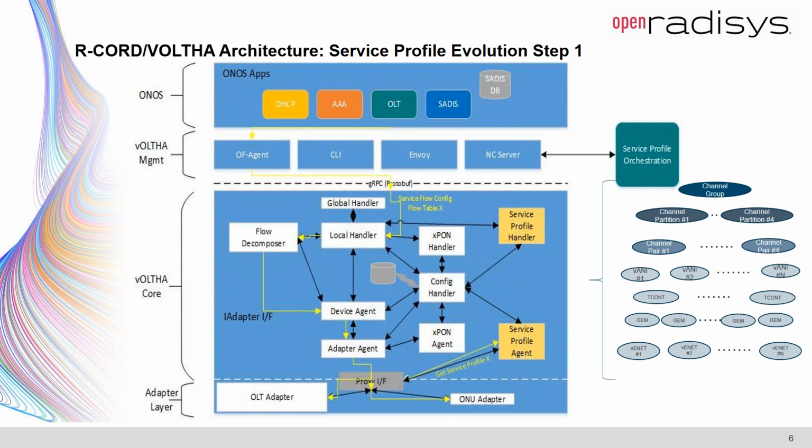Then we can marry those two things up and go in our backend and say, yes, this is a subscriber that's allowed, it's a piece of equipment that's allowed, here's the service profile for it, and then we can assign that using the flows.